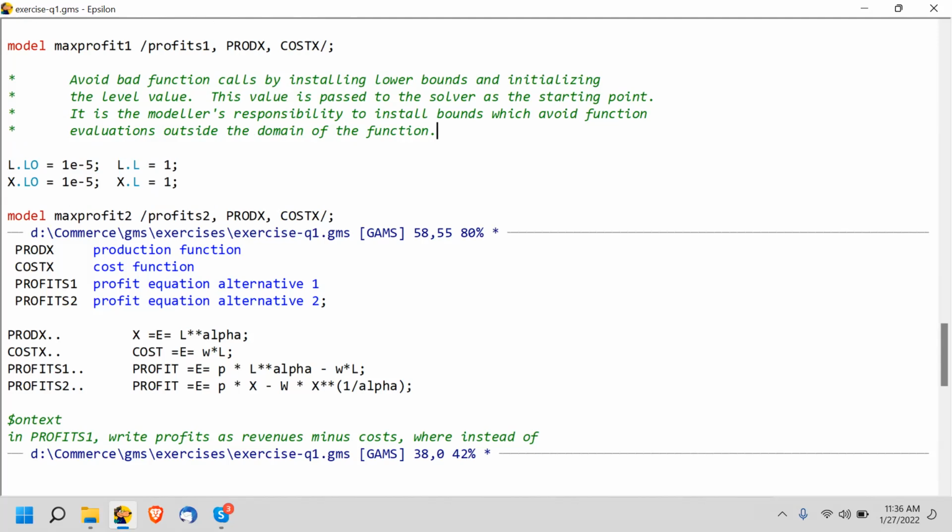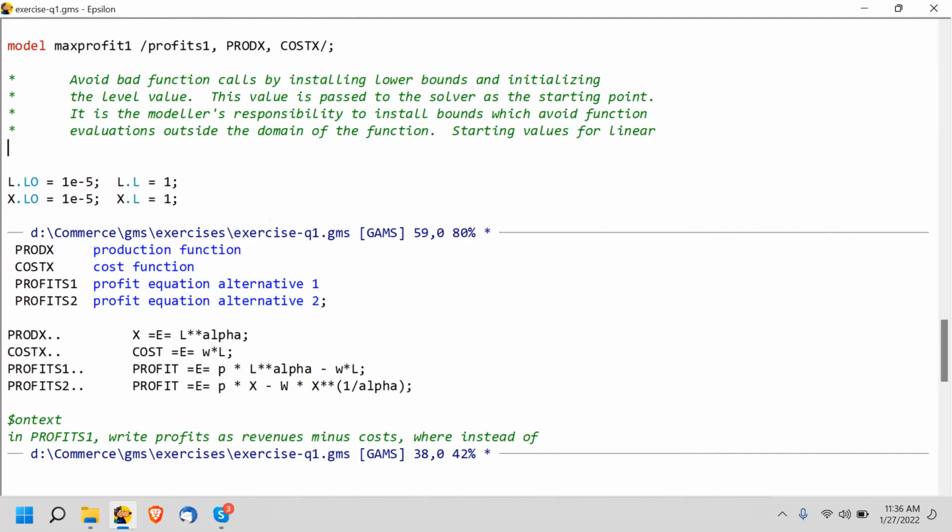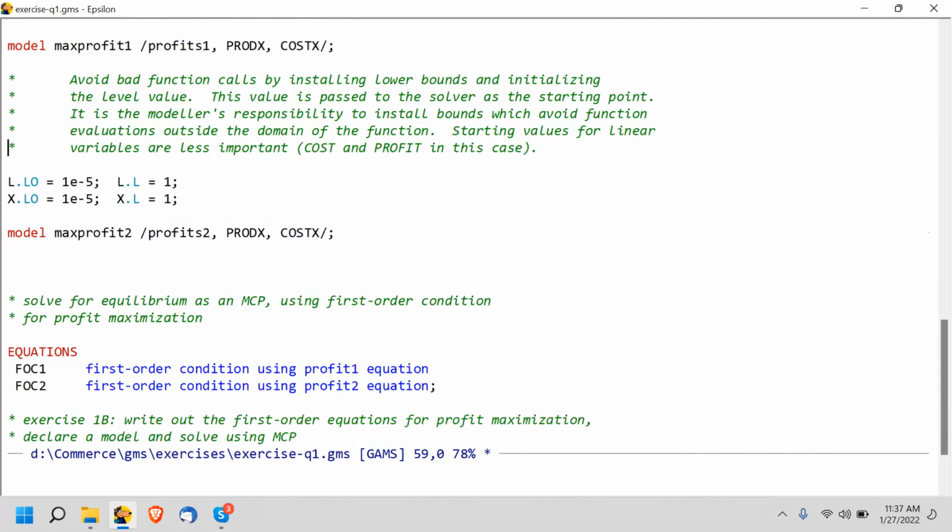I see. The starting values for linear variables are less important. Here that's going to be cost in this case. The linear values don't matter because they're not going to affect evaluation.